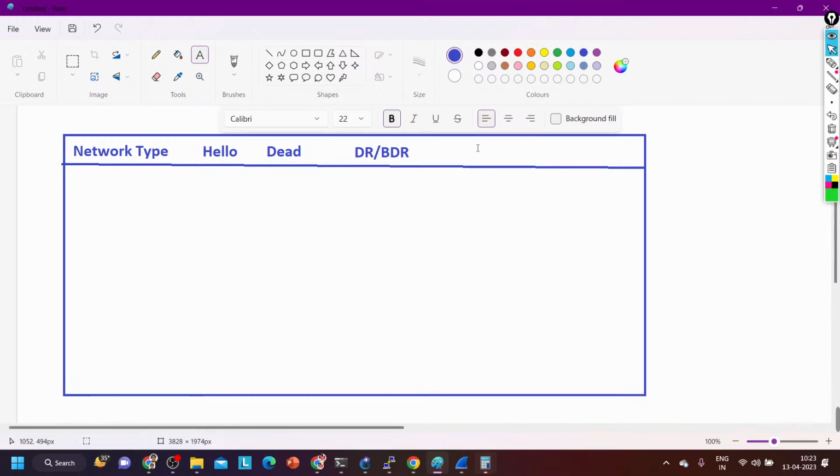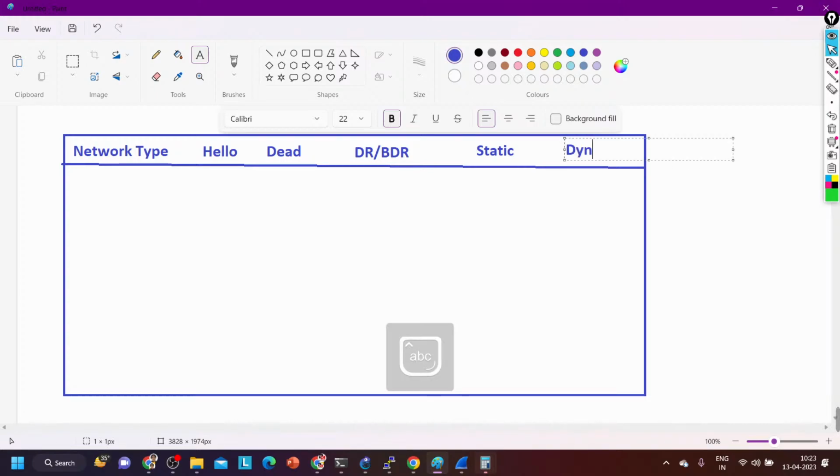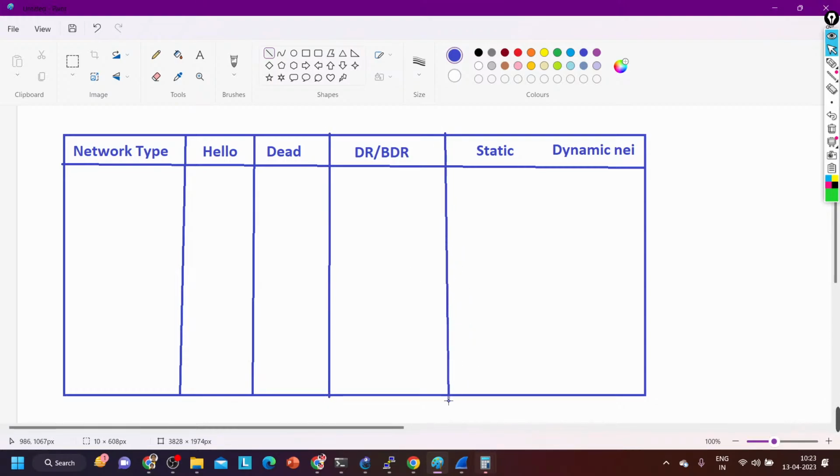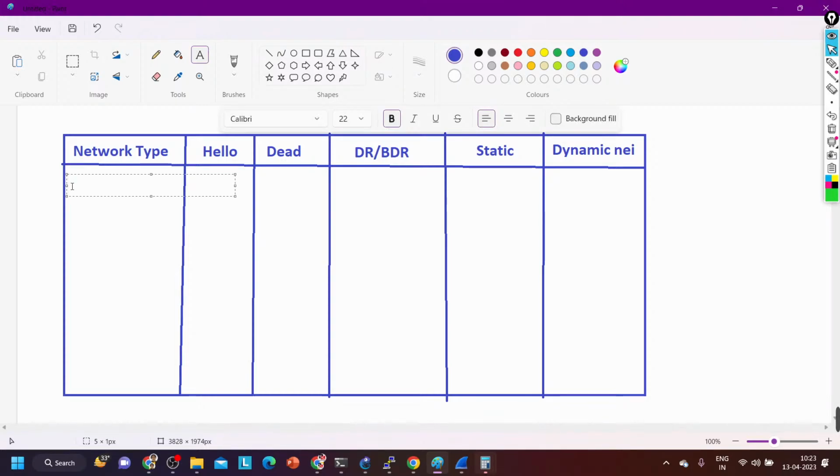Then we will understand static neighborship and dynamic neighborship. See, these behaviors depend on network type only. What will be the hello interval? What will be the dead interval? So on a point to point link, what will the hello interval be, guys?